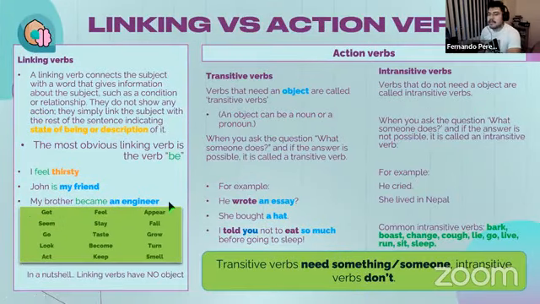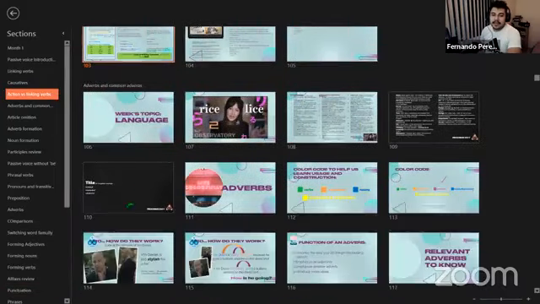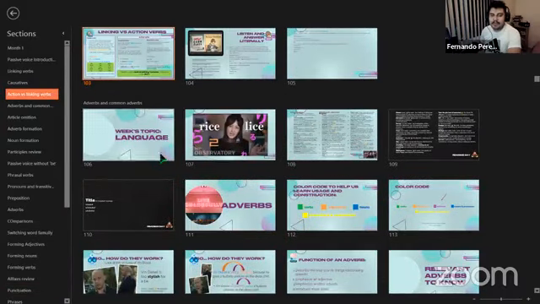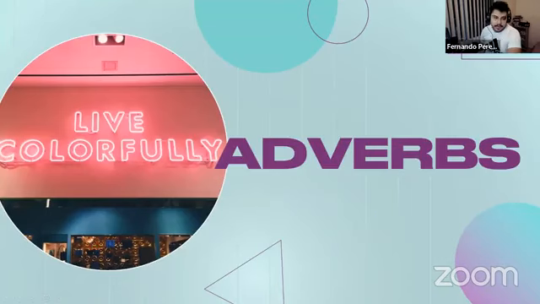What are linking verbs? How do we use them? It was important to distinguish between a linking verb and a normal verb, because they connected adjectives, they connected descriptions. And it was necessary to know that in order to understand the next lesson, because the second lesson was about adverbs, right?